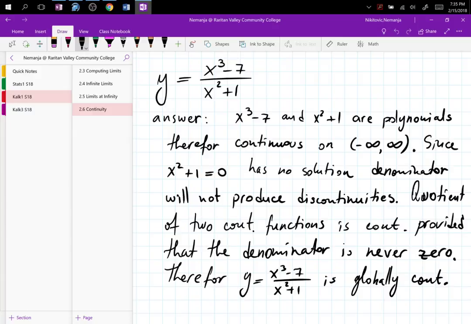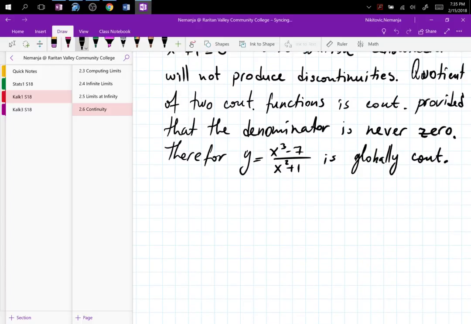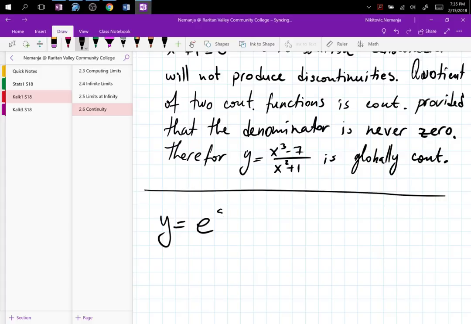So, okay, let's take a look at another example of this, and then you can practice one example. Say y equals e to the sine x. I'm going to play with this function in chapter 3 a lot, so why not talk about it now in terms of continuity? All right, so where do I start? The question is, is this continuous?